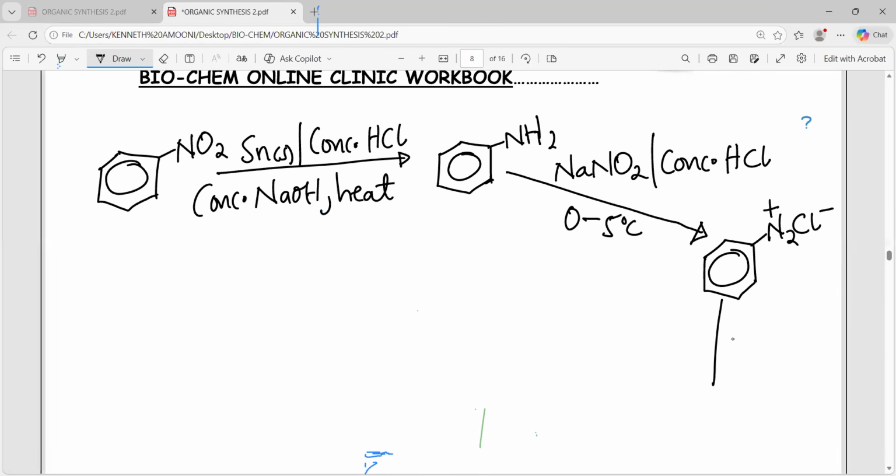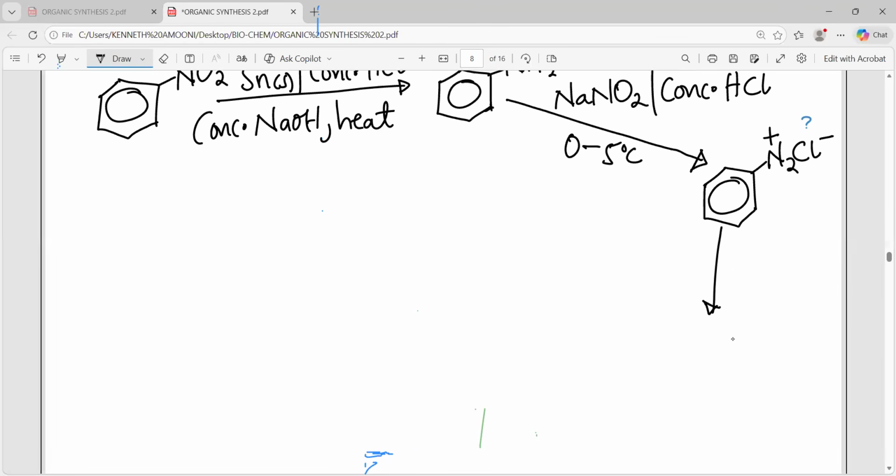Then from here, I can form that compound, an aromatic nitrile, which is like that. So which condition am I going to use? Potassium cyanide in the presence of copper(I) cyanide. Then I'm going to warm. This reaction, you can see it under the reactions of benzene diazonium salt.